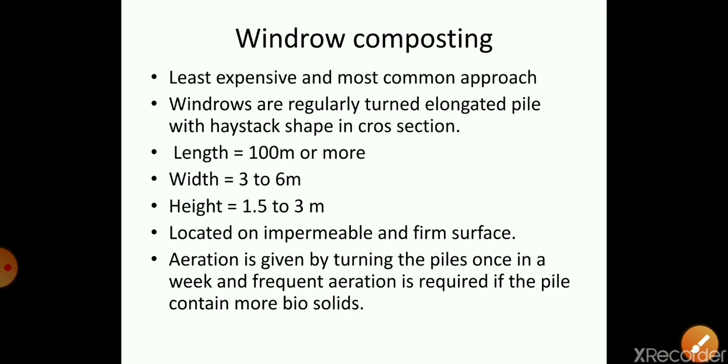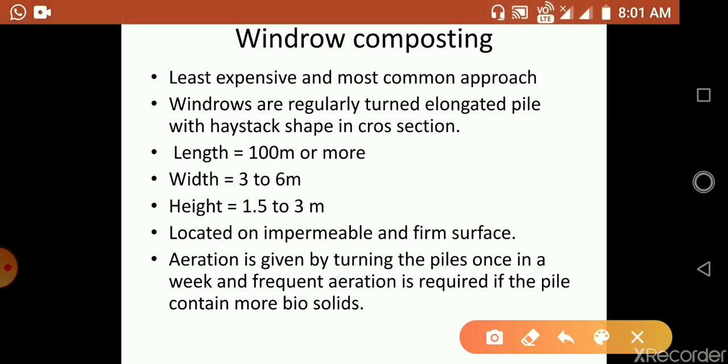The aeration is given frequently if the pile contains more biosolids. If there are more solids, we give more aeration. This type of composting takes place in the presence of oxygen, and the length is usually 100 meters or more, width 3 to 6 meters and height 1.5 to 3 meters.